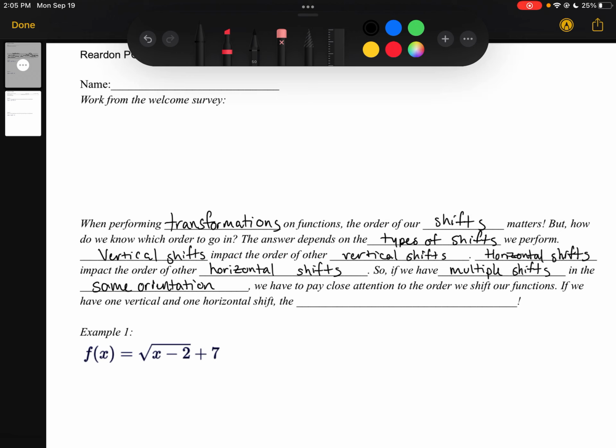If we have one vertical and one horizontal, so if we're seeing shifts in different directions, the order does not matter. So different directions, no impact. Any shift, even if it's just two in the same direction, it makes a huge difference, the order in which we go in.